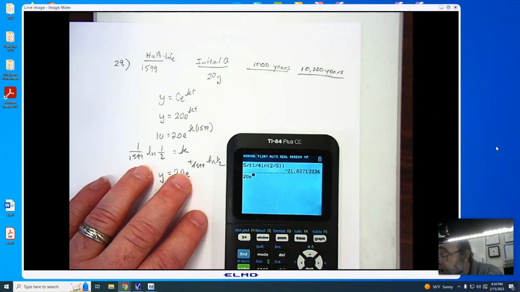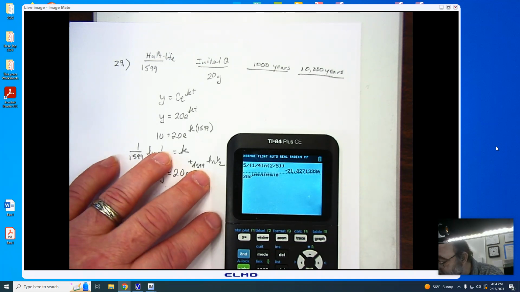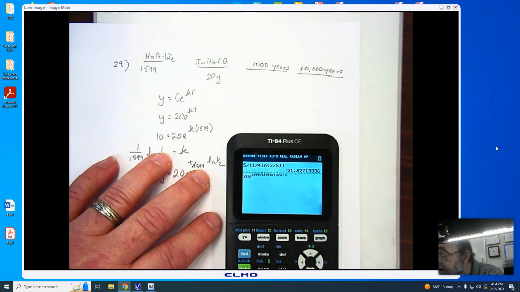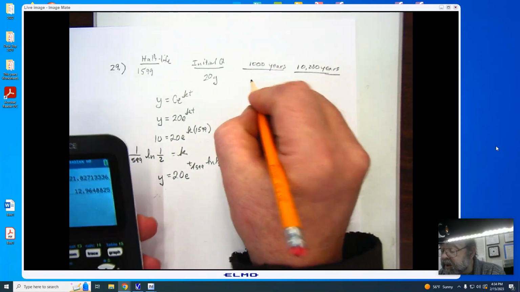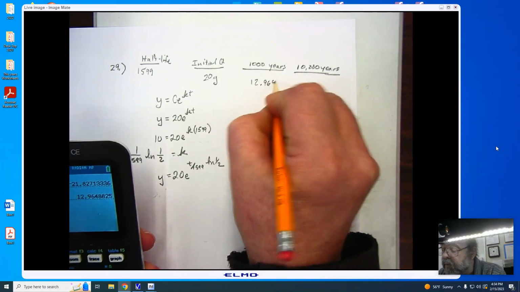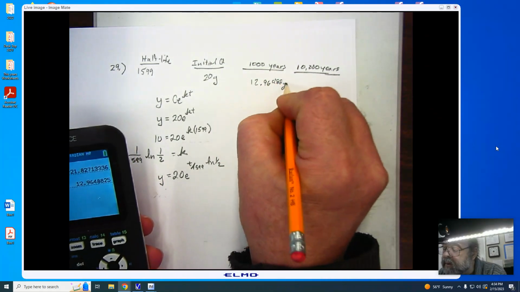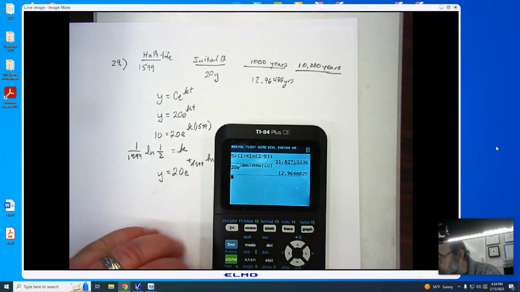Let's just do 1,000 divided by 1599 natural log. Now remember, order of operations is going to follow, so don't worry about parentheses. Just hit enter, and it will take approximately 12.96488 years.